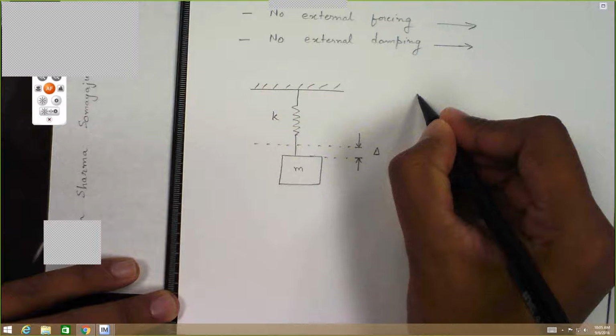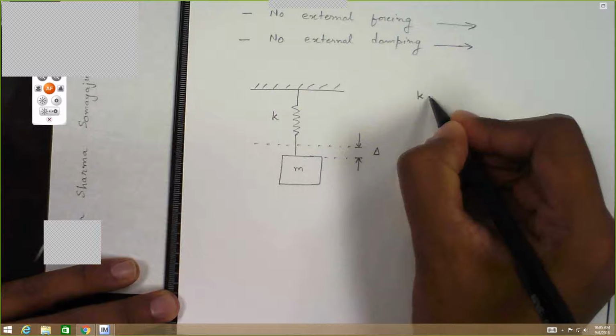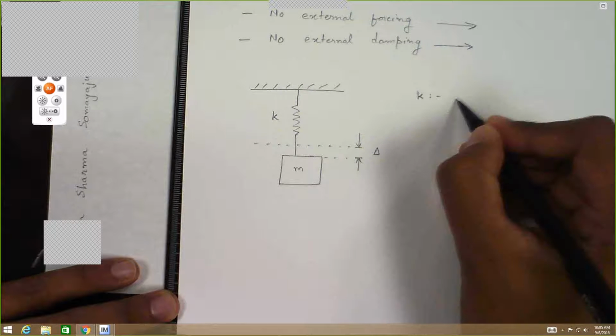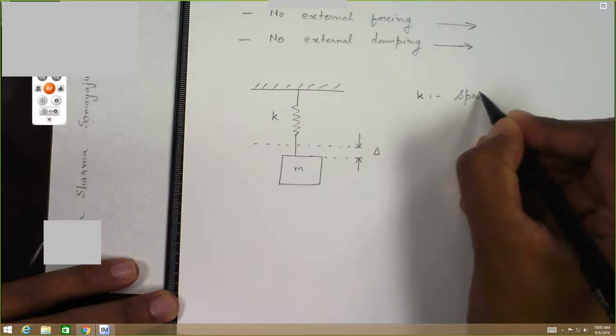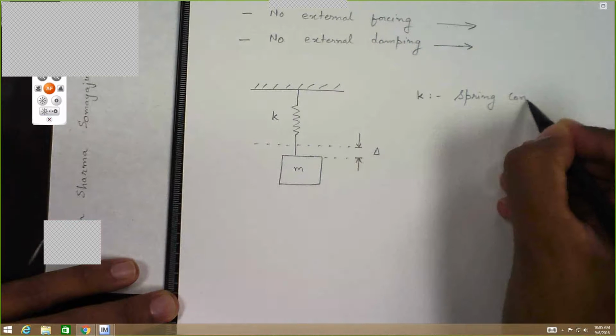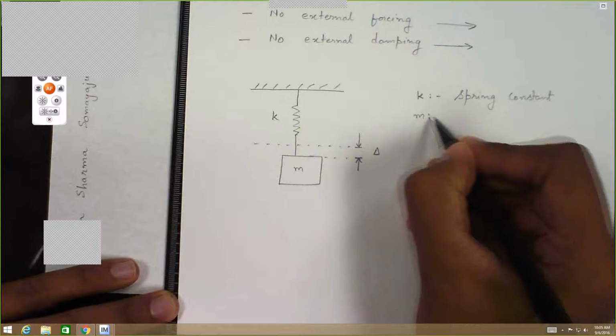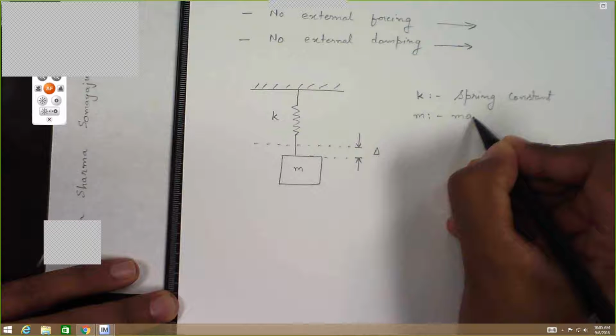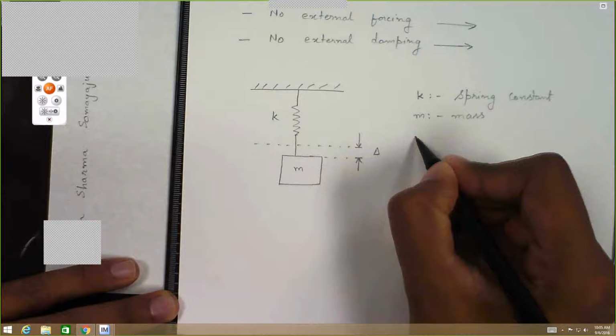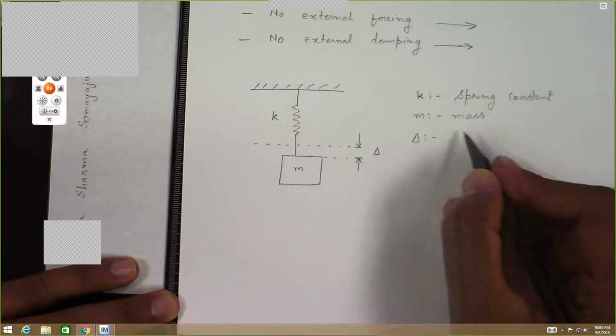So let's define the terms we have mentioned in the diagram. K is the spring constant. M is the mass. And delta is the static extension.